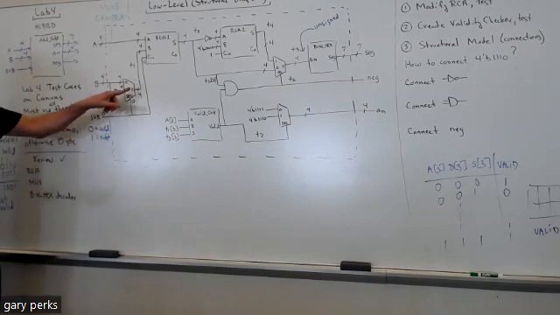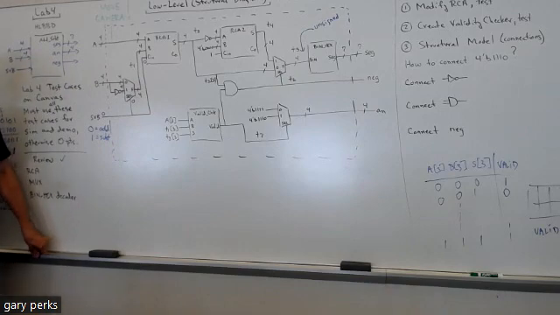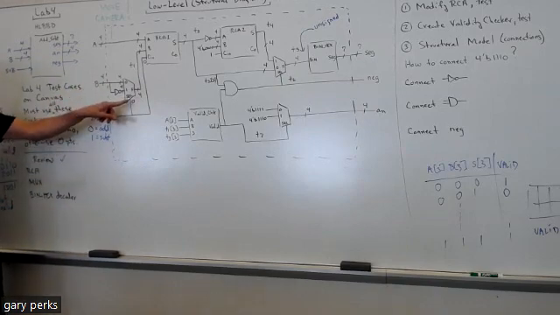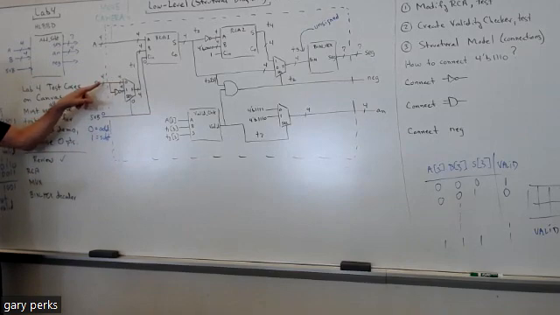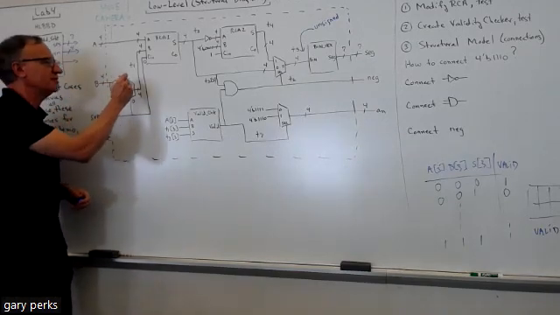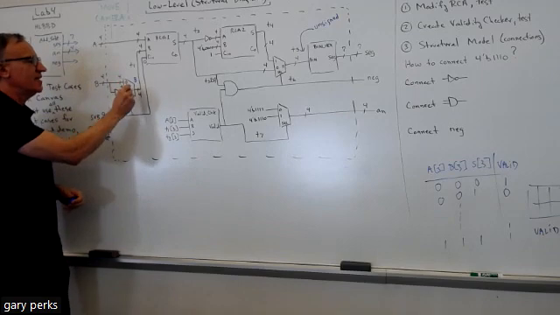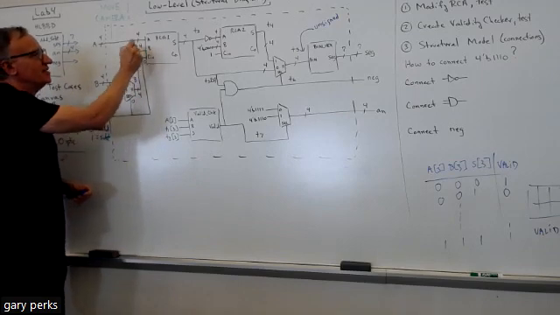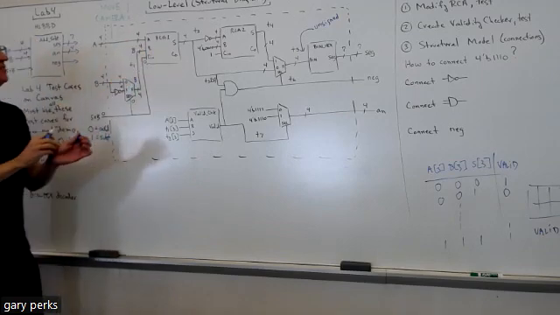All right, so what's the output of this mux gonna be if the select is a 0? It's gonna be B, right? Because when the select is a 0, whatever's connected to input 0, which is B in this case, is gonna be at the output of the mux. And that output of the mux is connected right to the B input of the RCA.